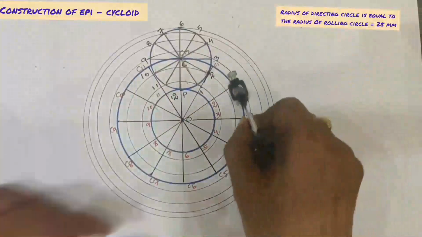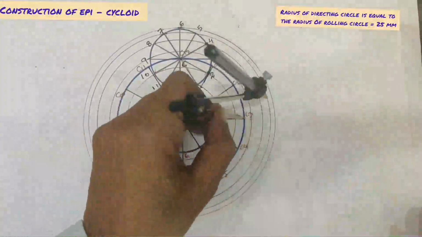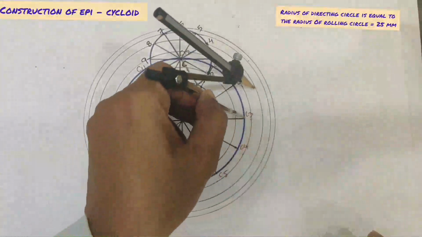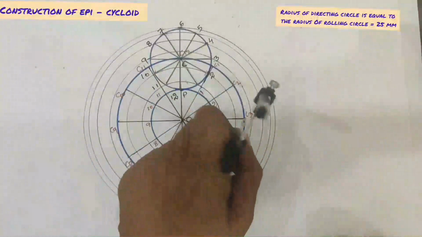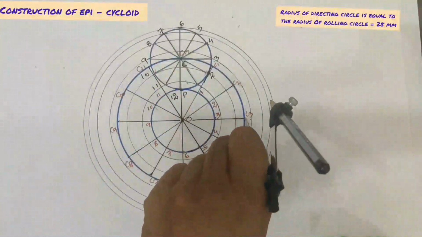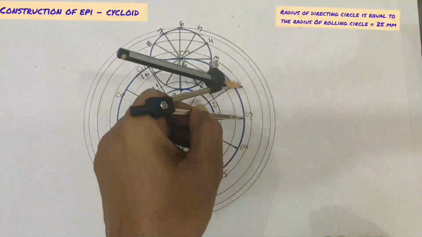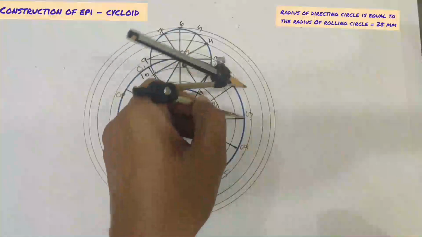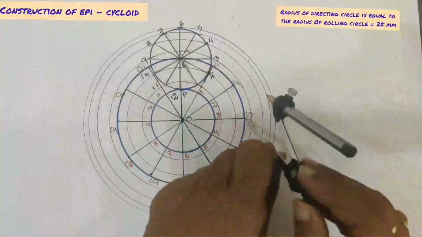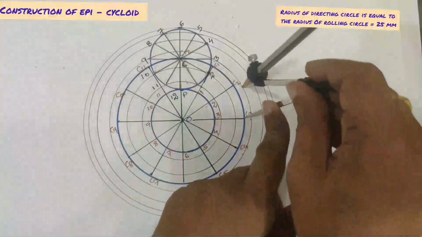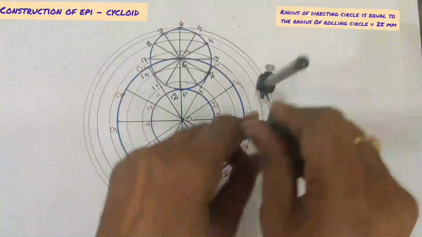Then C3 as center, CP, that is rolling circle radius, as radius. Draw an arc on the third division arc passing through the rolling circle. So here we will get P3 point.